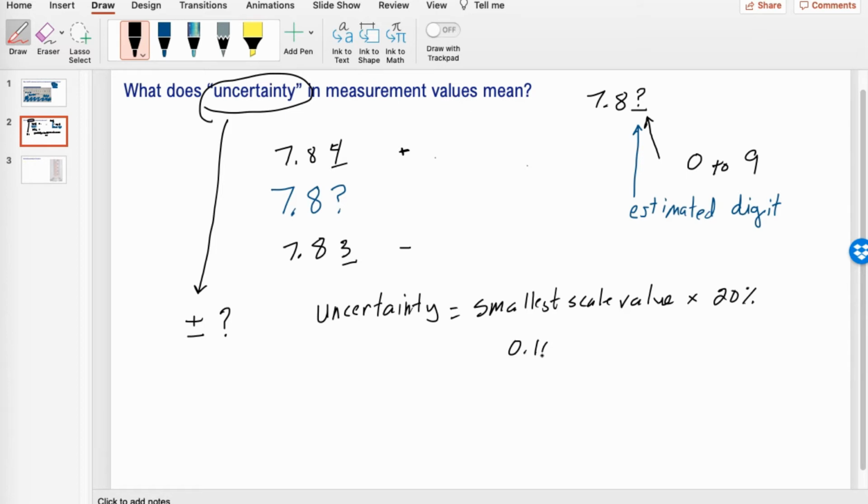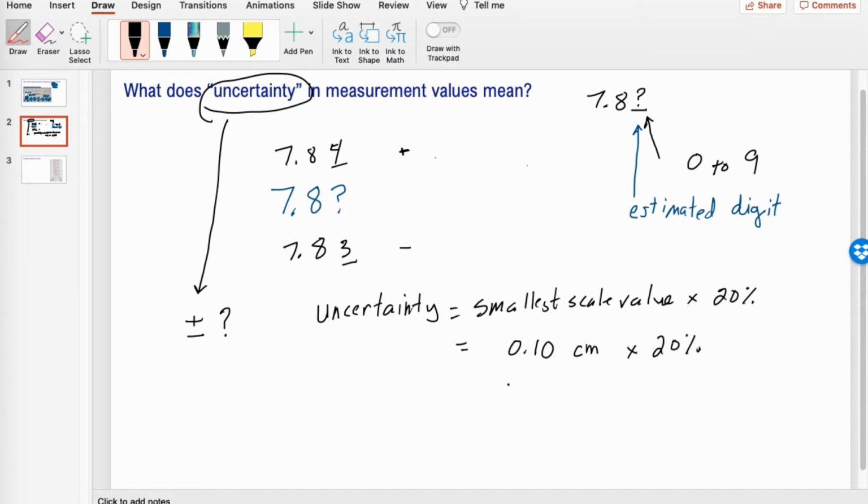And I'm going to write 0.10 because we tend to write extra numbers, and that's going to make a lot more sense with some other lessons in a second. And remember, that's 0.1 centimeters, or 1 millimeter. And then we have times 20%.